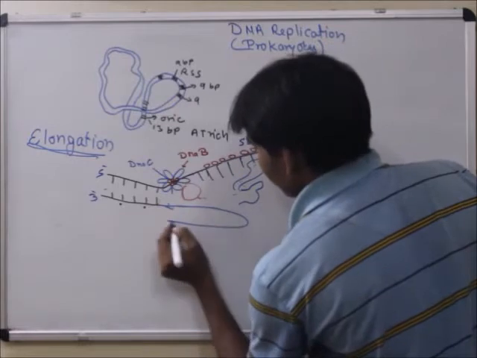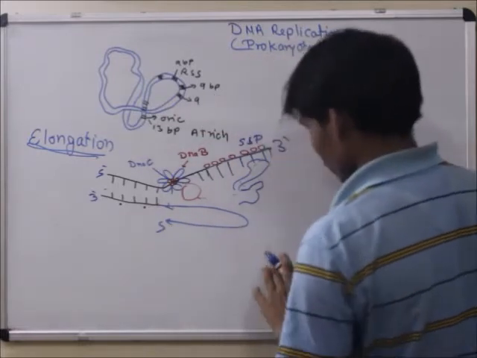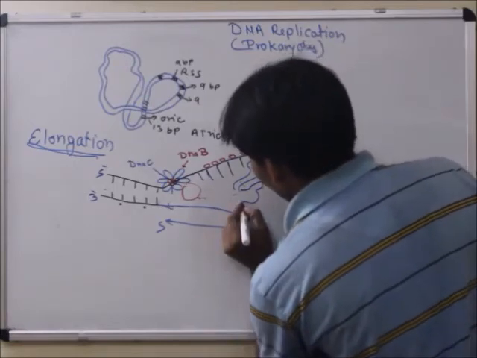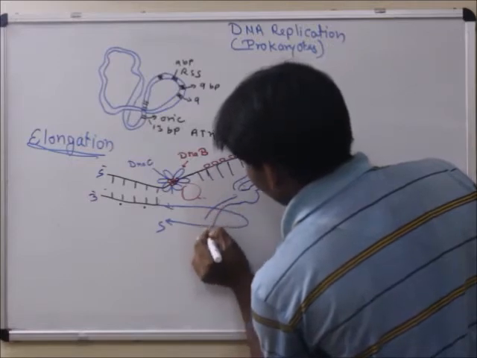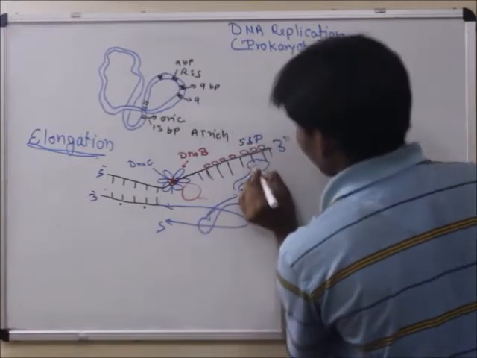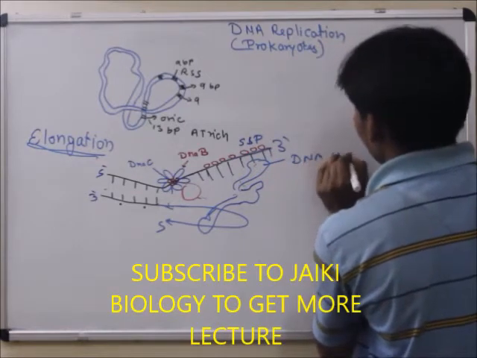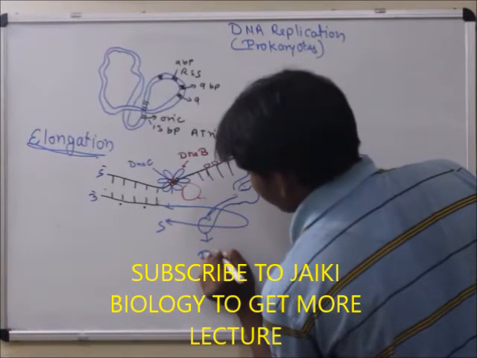Okay, it makes the loops, and this is the polymerase. Also this is DNA polymerase III, DNA pol III, and this is also a subunit of DNA pol III.